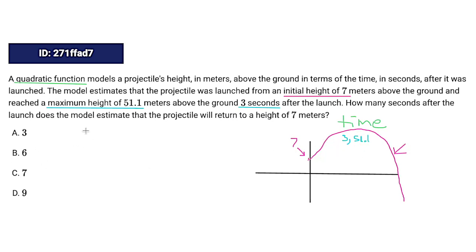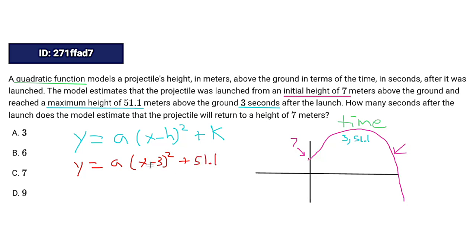Vertex form is going to be y equals a times (x minus h) squared plus k, where h is the x coordinate of the vertex and k is the y coordinate. So if we plug those in, y equals a times (x minus 3) squared plus 51.1.